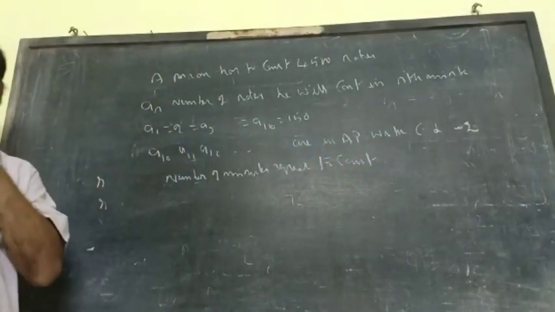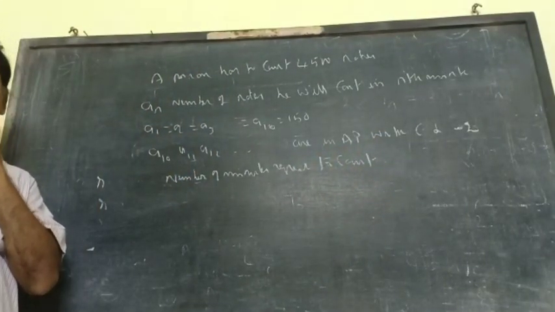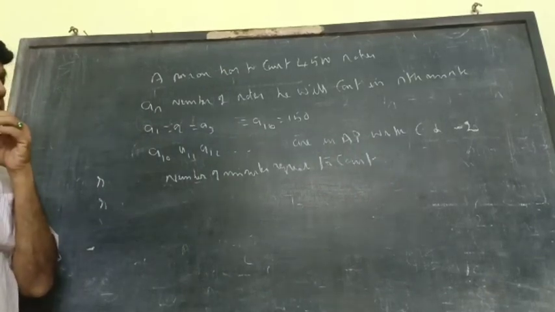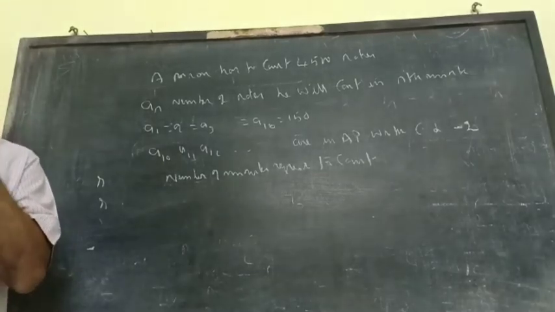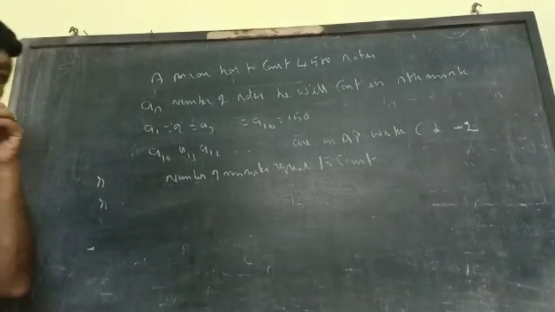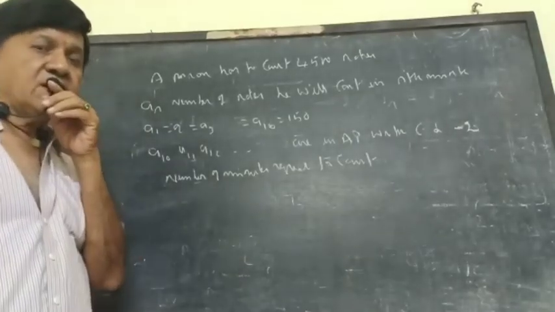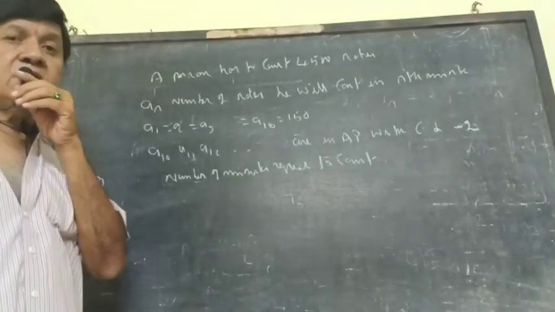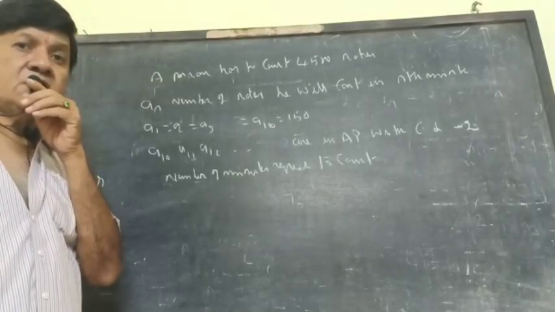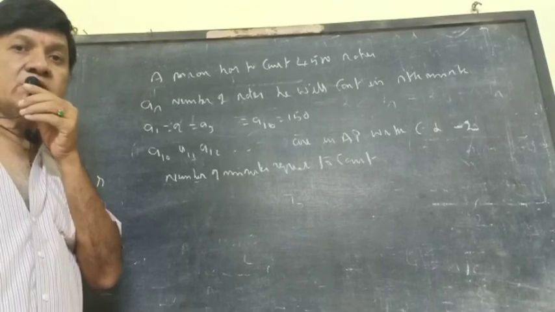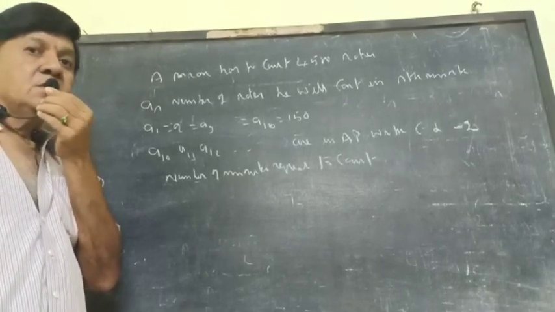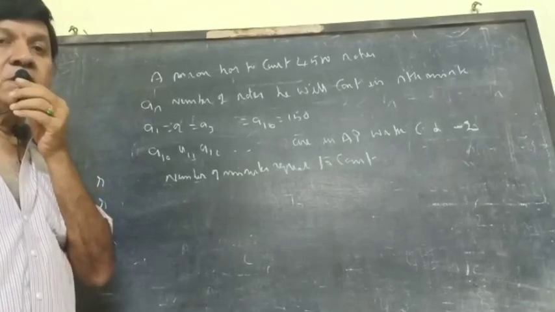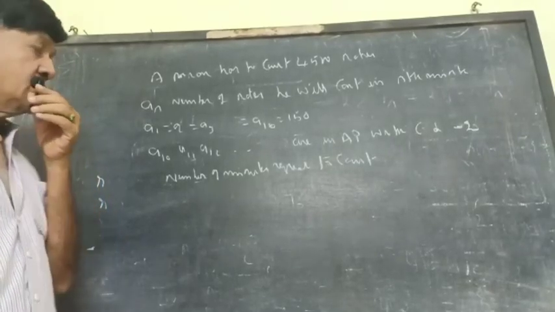So a person has to count 4,500 currency notes. AN is the number of notes he will count in the nth minute. A1, A2, A3, each is equal to 150, up to A10. And moreover, A10, A11, A12, etc. are in arithmetic progression with common difference -2. Then you have to calculate the time required to count all the notes.